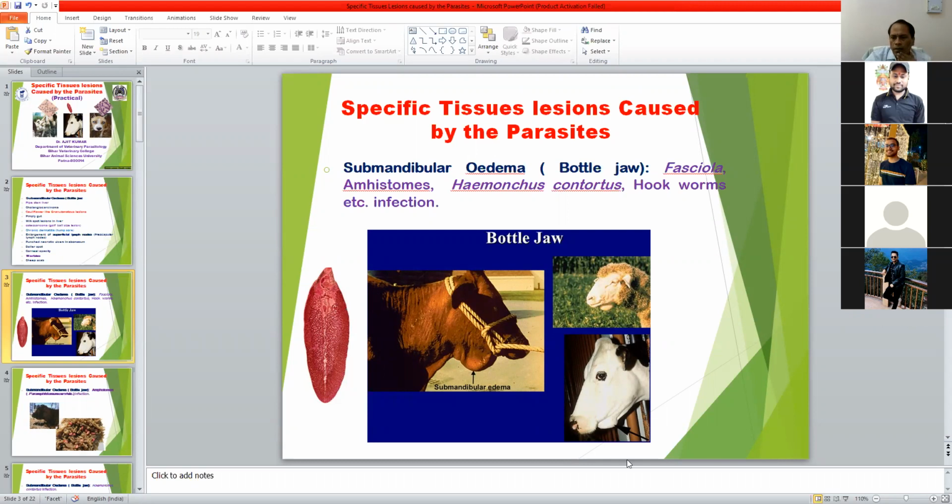Mainly snail is the intermediate host. हमारे बिहार में, जनरली नॉर्थ बिहार में, जहां पर स्नेल का पॉपुलेशन वाटर लॉगिंग एरिया में है, वहां पर फैसियोला का इन्फेक्शन मेनली मिलता है.